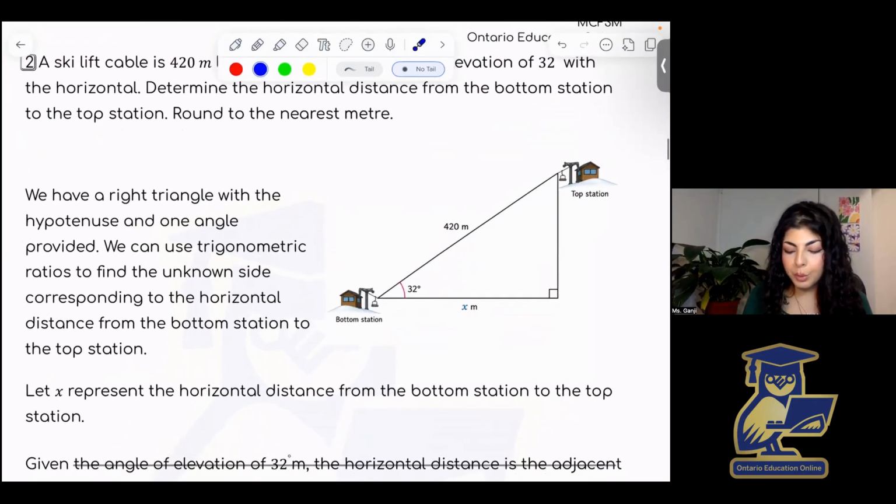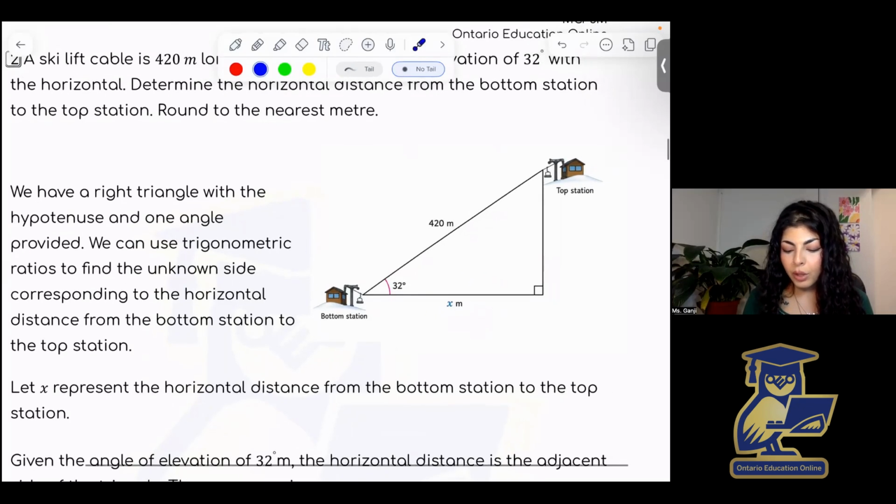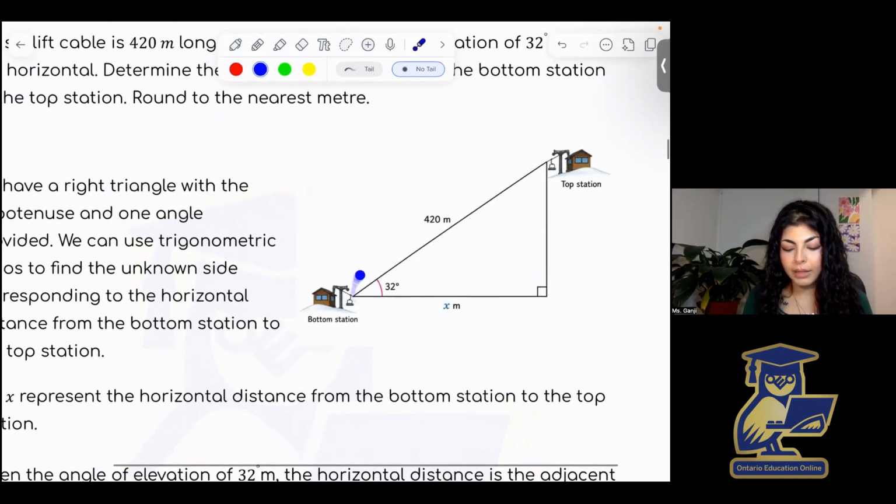So here we have a right angle triangle with two sides that are unknown to us. We do have this hypotenuse and the angle, so we can use our trigonometric ratios here to find x. And again, we want to interpret these side lengths with respect to this angle. So of course, x here, which is what I need, is the adjacent side, and this is the hypotenuse. So it is best here if I use cosine, which gives me adjacent over hypotenuse.